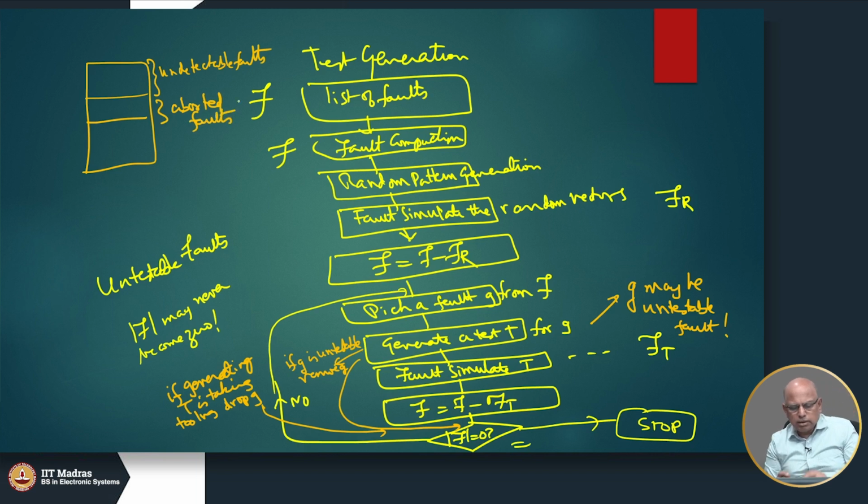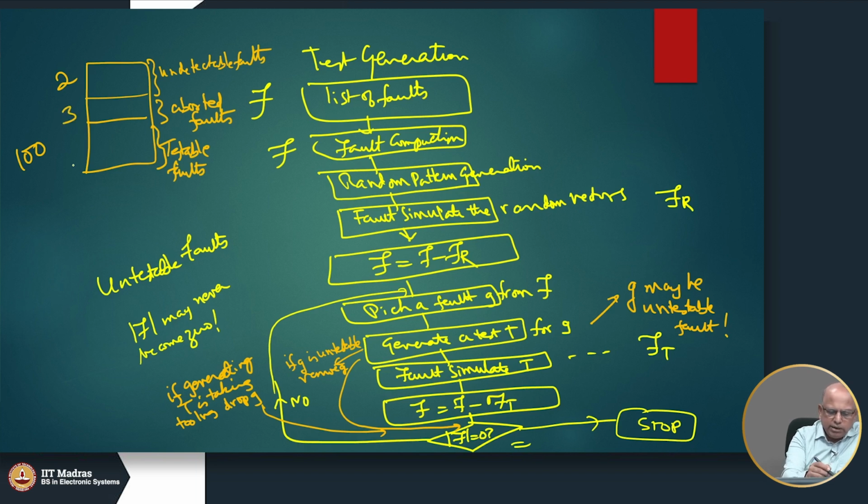So, sometimes I may end up having faults for which the tool is unable to generate a test because it just takes too long, not because it is redundant. And finally, of course, there are some faults which are actually testable. So, suppose I had 100 faults, okay, and it turns out that about 2 of them are undetectable, and let us say 3 of them are aborted.